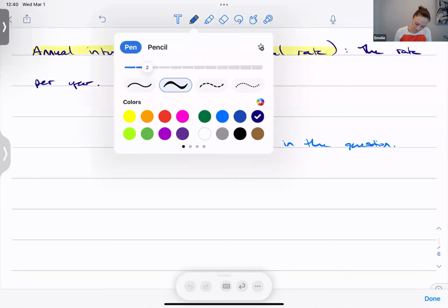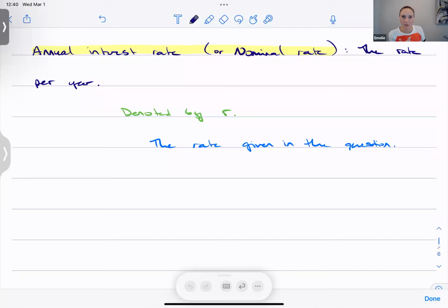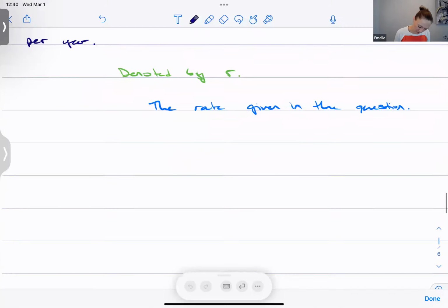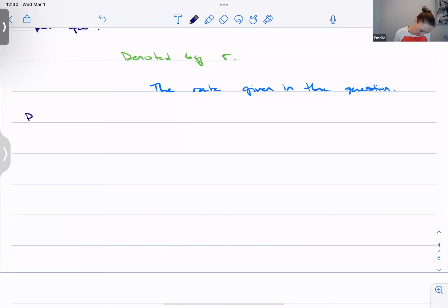What we need to do is we need to break up that rate. So 4% per year needs to be broken up into however many compoundings, right? And so the periodic interest rate is what does that.